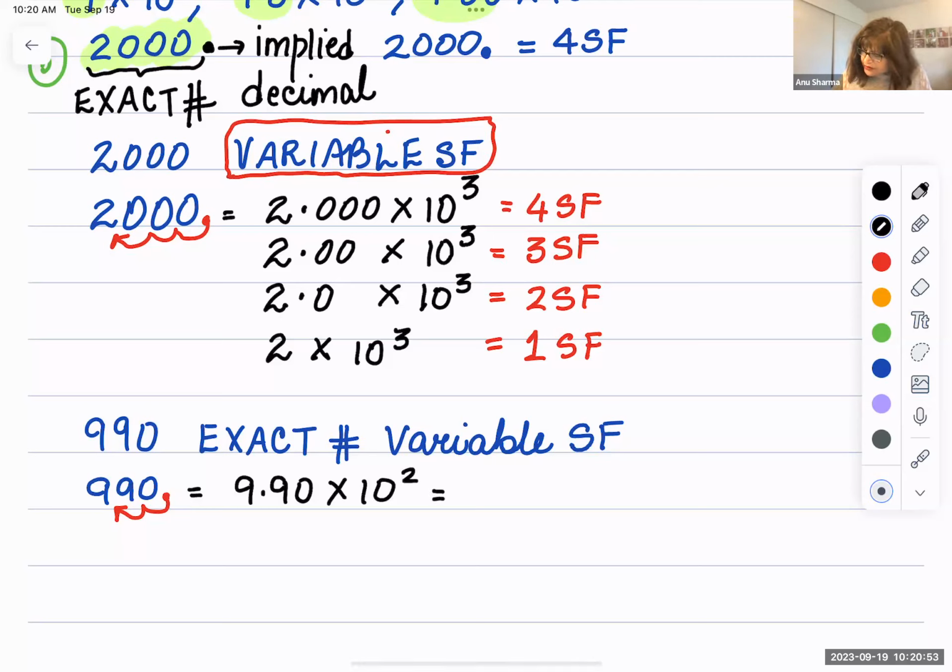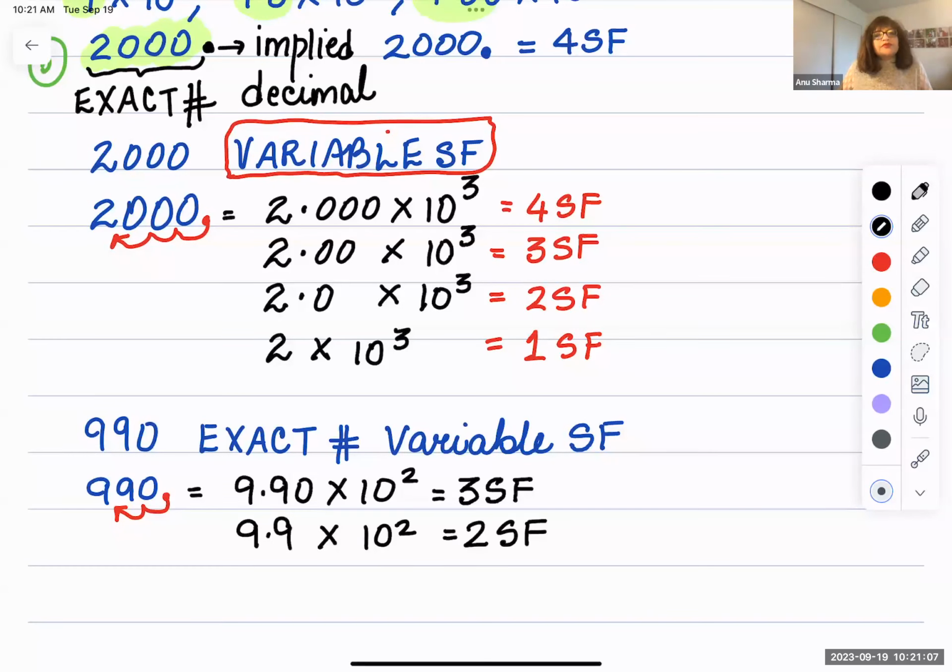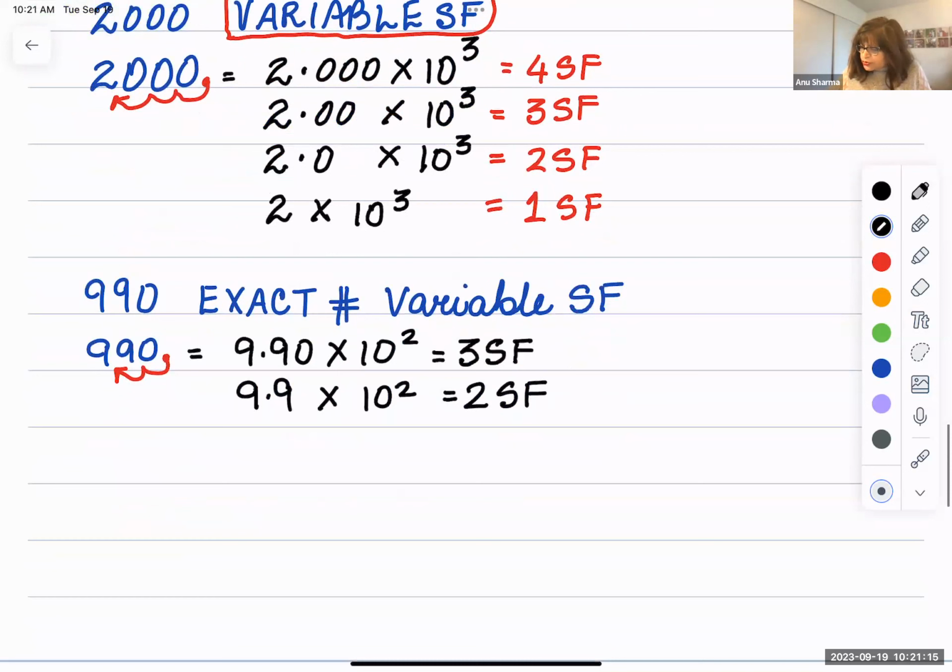So here you have 3 significant figures, but you can drop that 0, depending on who is doing the calculation and how much sensitivity you want. The more sensitive are the ones with certain numbers after the decimal, but the less sensitive are the ones like this. So this is 2 significant figures. Ideally, this should just be 2 and 3.